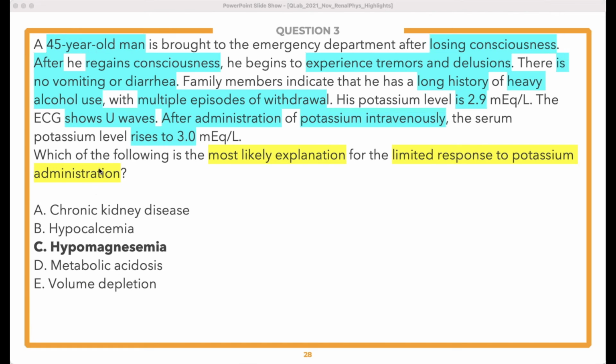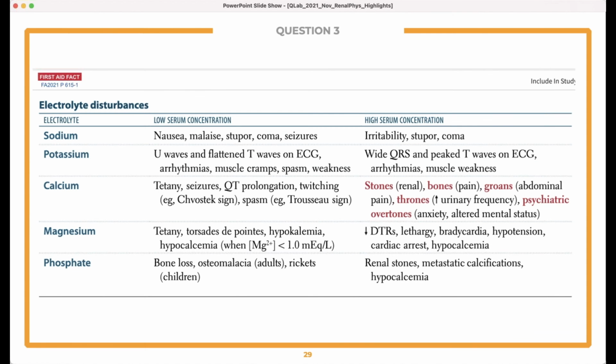Okay, so let's take a look at the next slide. You can see here that some of the effects of having a low serum concentration of magnesium is hypokalemia, and also hypocalcemia as well.